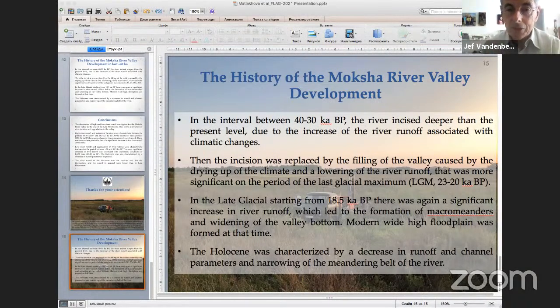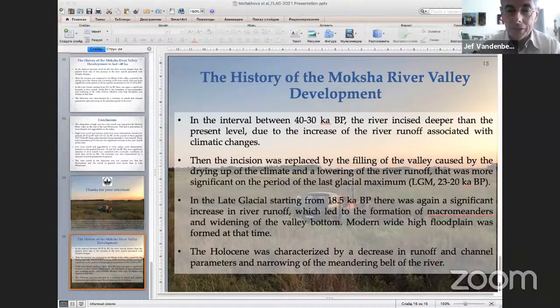And I think that's to find out what's the reason for these regional differences. There are regions where the large meanders start only in the late glacial, and other regions where the large meanders started to form already at the end of the plain glacial.